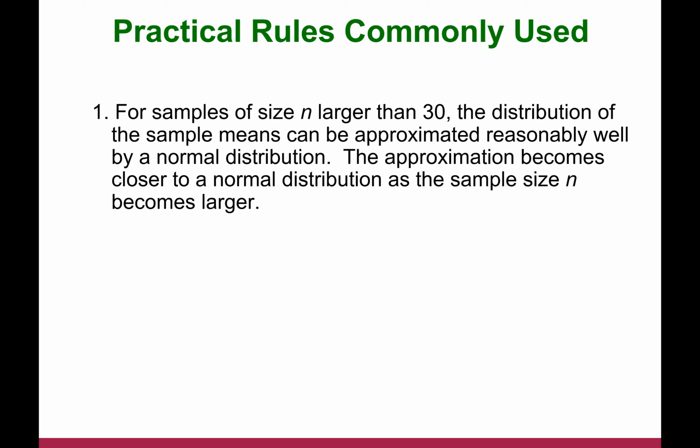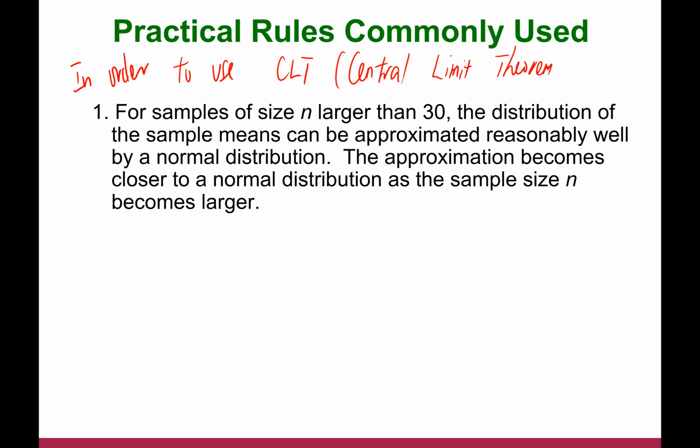And for the practical rules, in order to use the central limit theorem, either one of these conditions must be satisfied. We use CLT to represent the central limit theorem. If the sample size is larger than 30, the distribution of the sample means can be approximated reasonably well by a normal distribution.